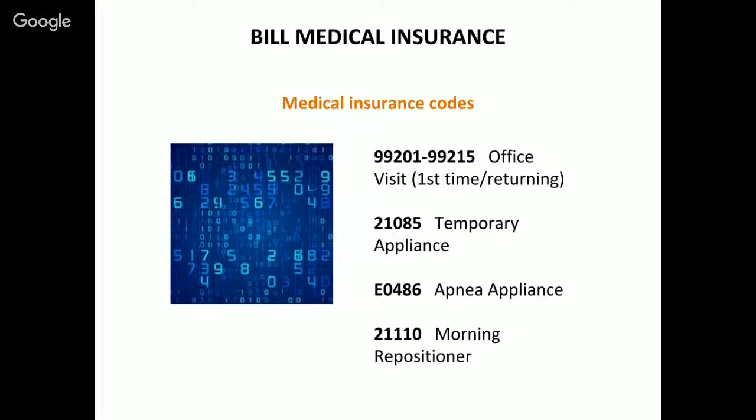And then 21110, a lot of the dentists I work with, they do a morning repositioner. Once they've had their fixed appliance in all night, they may need something in the morning to pop in while they're in the shower that puts their jaw back to comfy or comfortable. And so those are the codes.